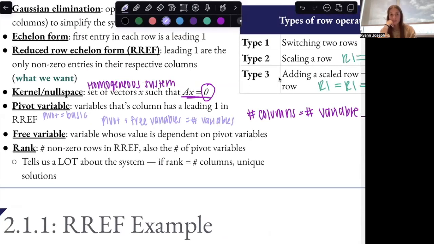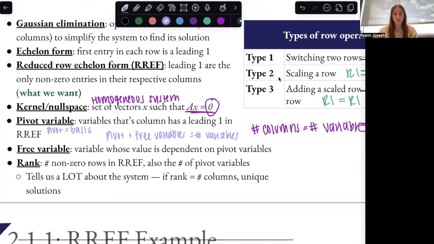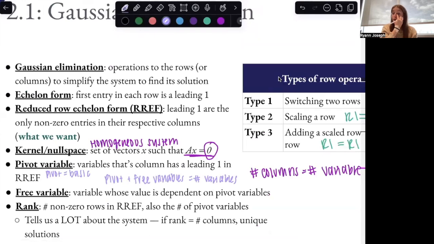So a pivot variable is a variable whose column has that leading one in the reduced row echelon form. We have these leading ones, but we also can have columns that don't have those leading ones. We just know that a row must have that leading one, and then we can have columns that don't have that leading one in it, if that makes sense.